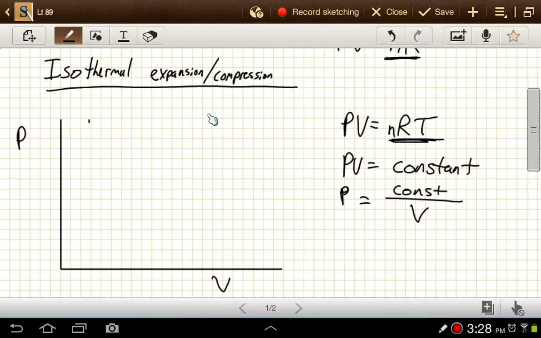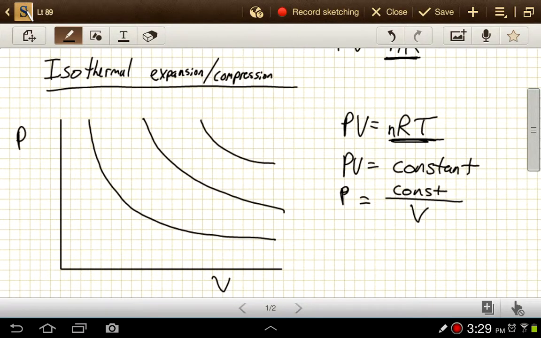So we have kind of a general shape like this, and depending on the conditions of the gas, you might have a number of different positions, but it's always going to be a 1 over x shaped graph. So this constant will determine where that line is. Now these lines for isothermal expansions or compressions, we call these lines isotherms.